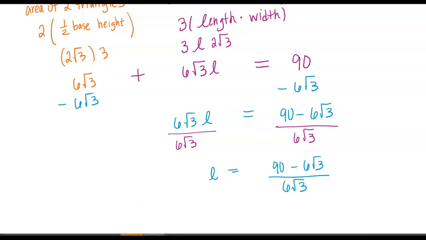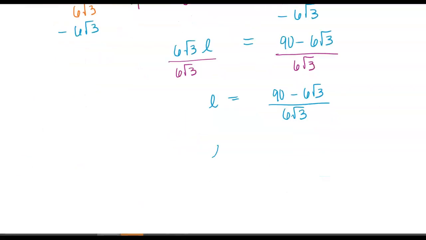When I plug this into the calculator, the decimal amount that I got was about 7.66. So that's the length that we could have the tent be to use a total of 90 square feet.